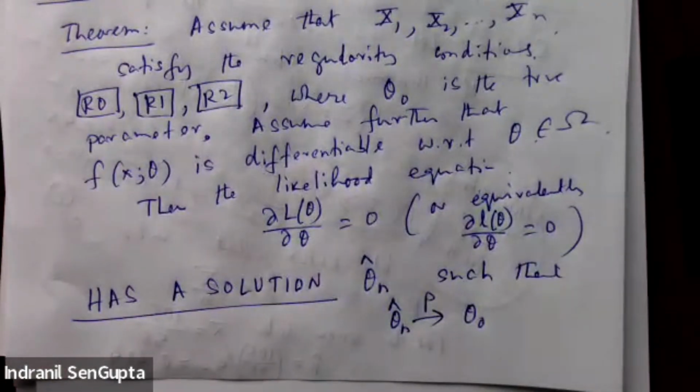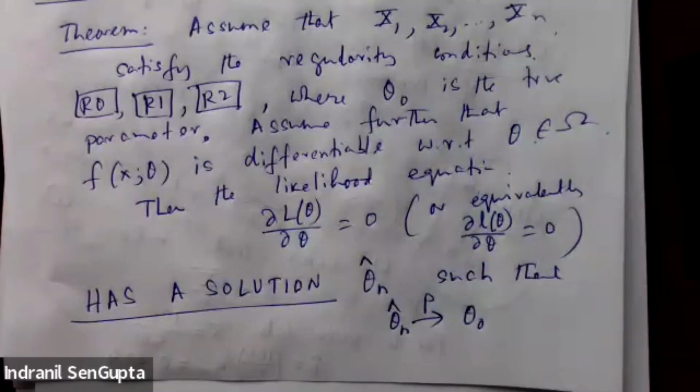So it guarantees the existence of a solution. It says that it has a solution that goes to theta 0 in probability.